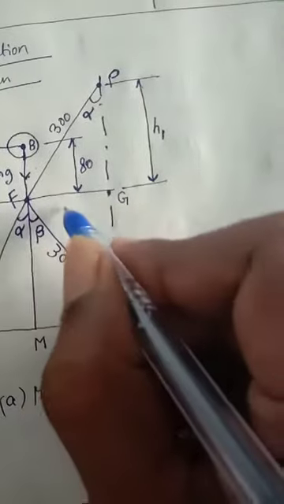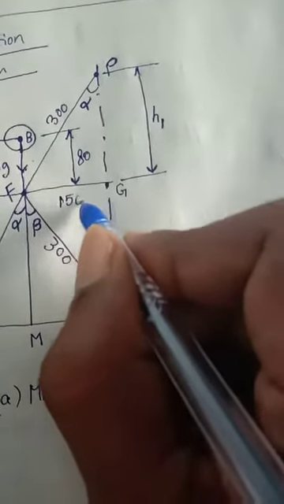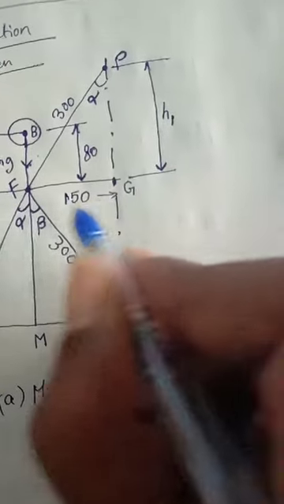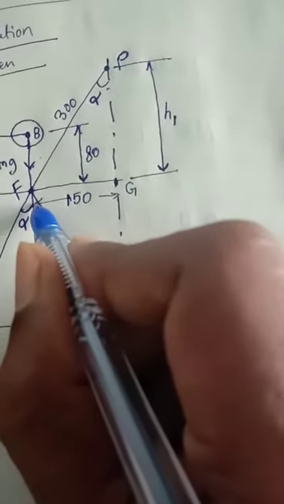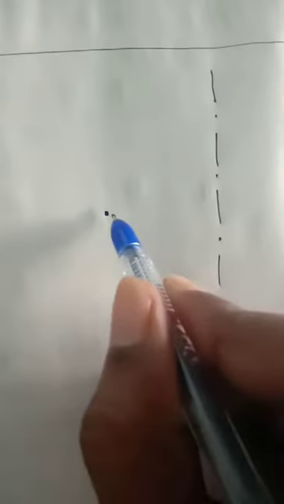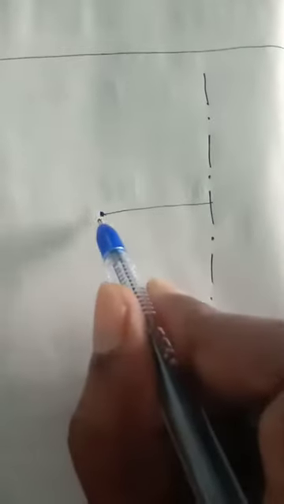Here, F to G distance is 150, that's the minimum. Now for the maximum position, some more distance is increased here.